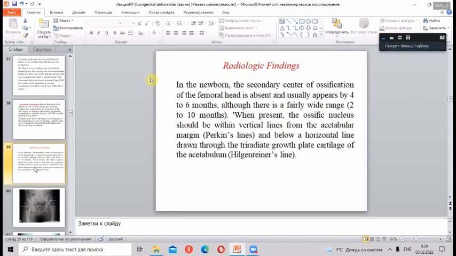When present, the ossific nucleus should be within a vertical line from the acetabular lateral margin, and below a horizontal line drawn through the triradiate growth plate cartilage of the acetabulum.